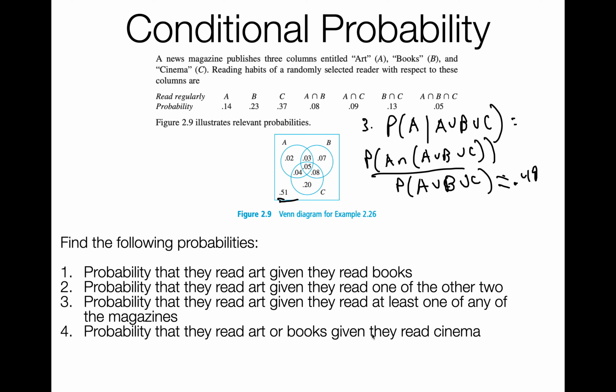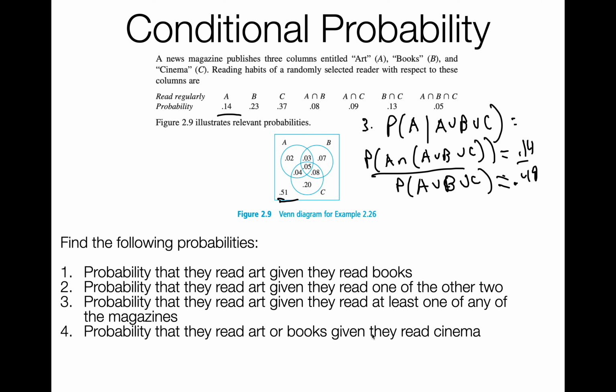Okay, the top, I want the intersection of A and A or B or C. Okay, and so the intersection of A and A or B or C is just A. Okay, that's the only thing that's in the intersection of A and A or B or C. So that's adding up everything in A, okay, or really it's just the probability of A happening, which is 0.14.